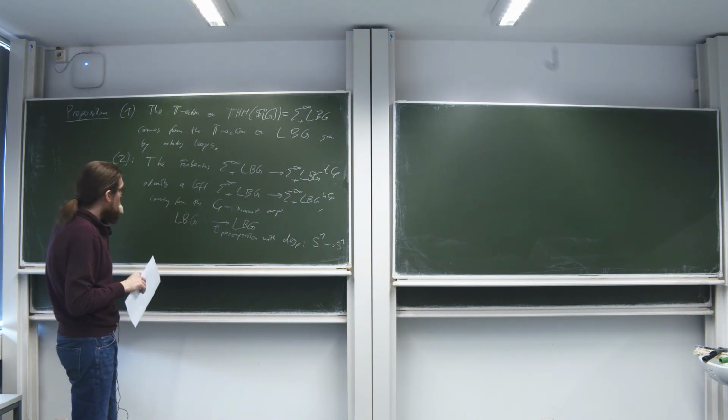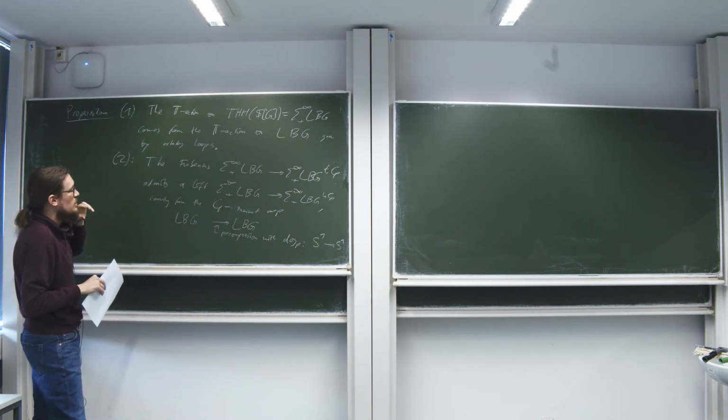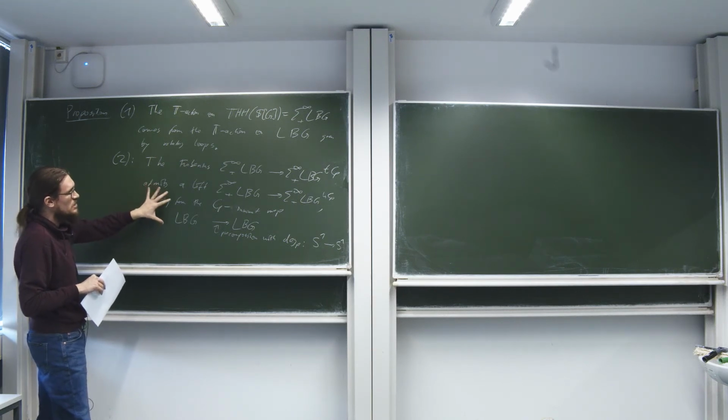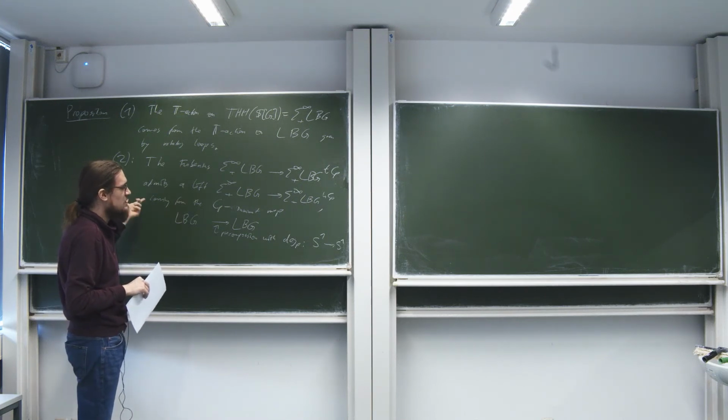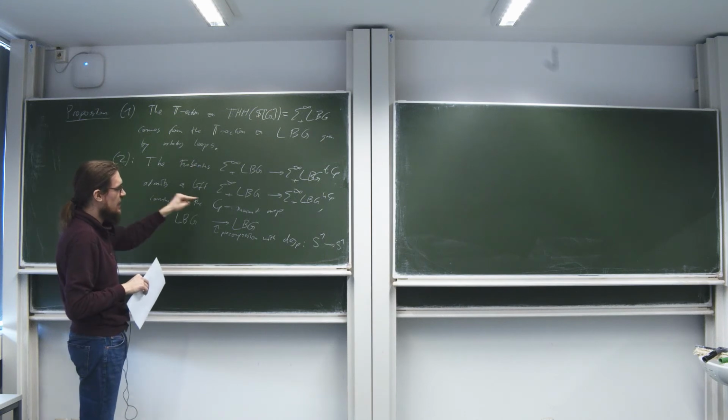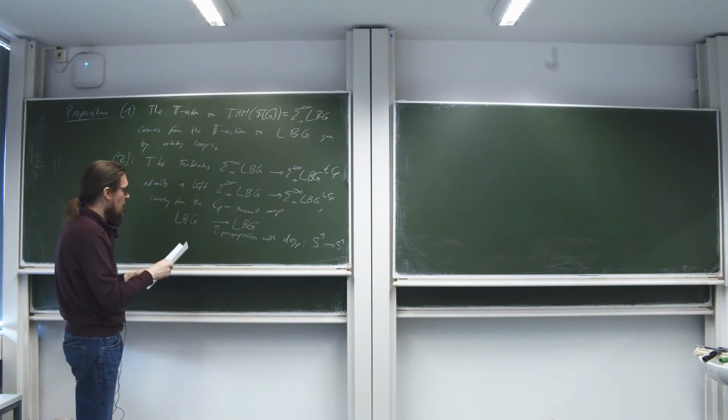And the other thing is that from the description of the cyclic object, you can get the Frobenius by taking the Tate diagonal level-wise into some subdivision.